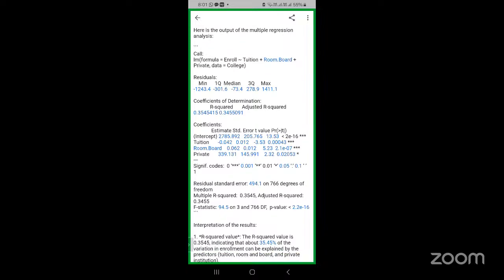So this is the intercept. Enrollment is related to the tuition, room board, and the private.